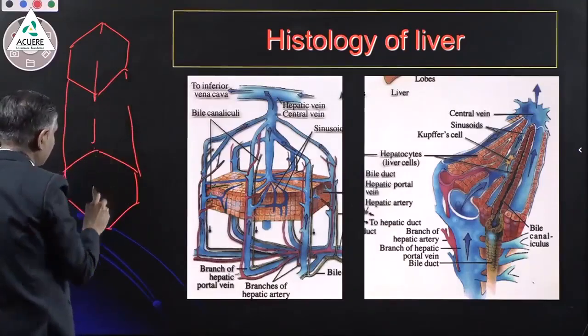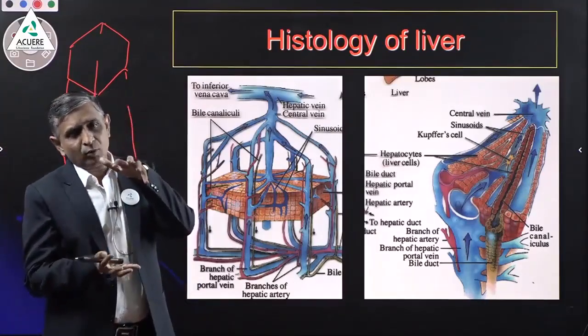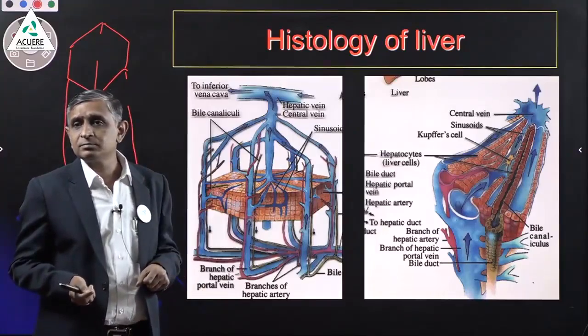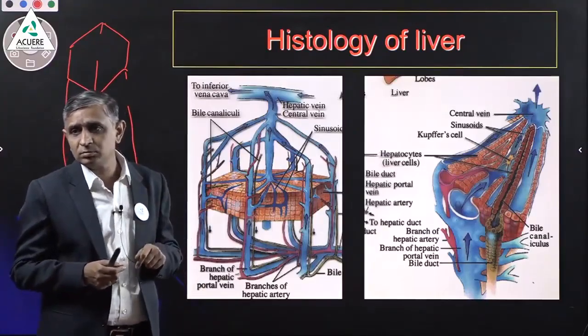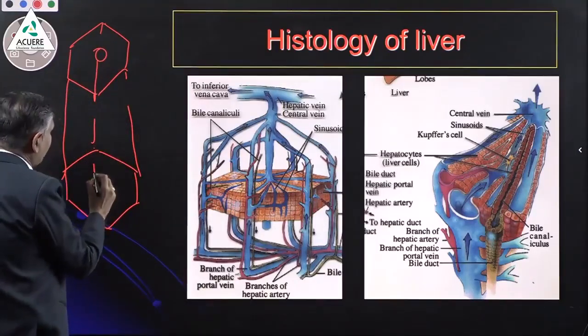It is like a box, a hexagon. Getting it? Yes. Now within the hexagon there is a central vein.